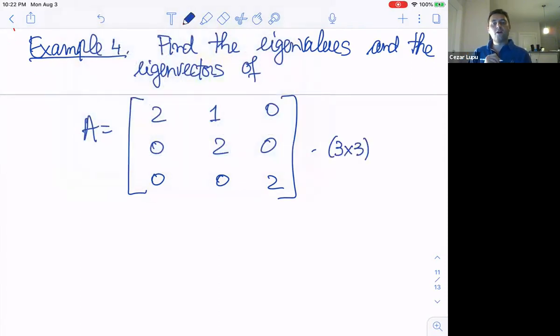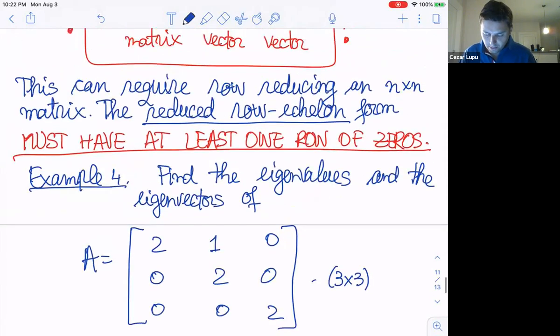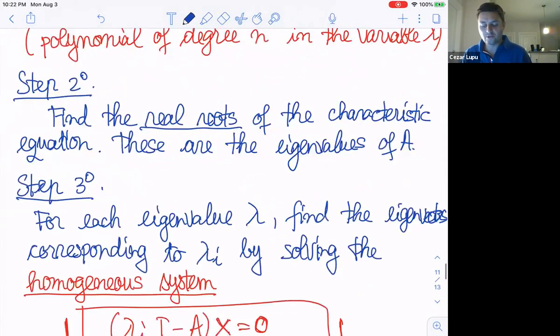So far we found eigenvalues and eigenvectors only for 2x2 matrices, but now we'll see how to find these for 3x3 matrices.